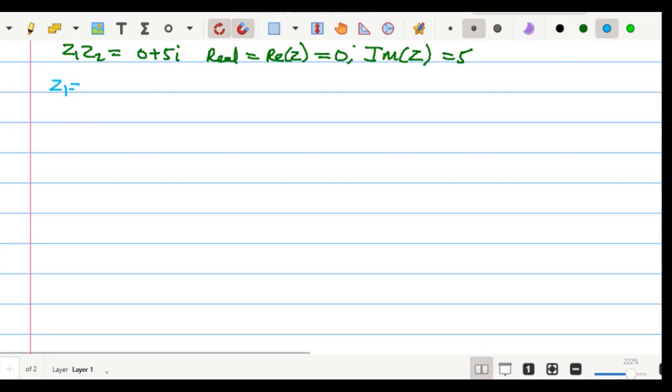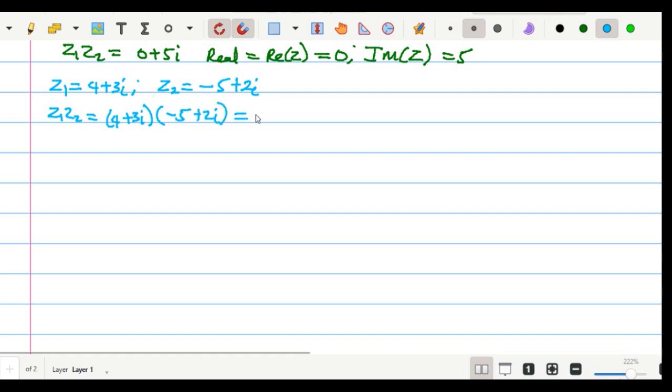It says z1 is equal to 4 plus 3i, and z2 is equal to minus 5 plus 2i. Then z1 z2 is going to be 4 plus 3i multiplying minus 5 plus 2i.